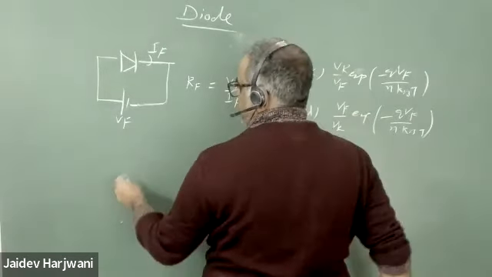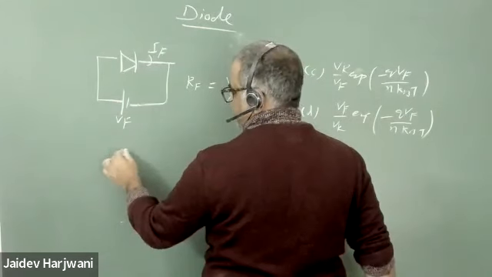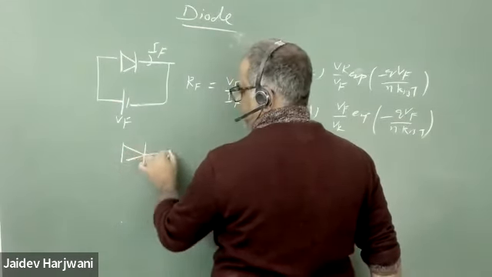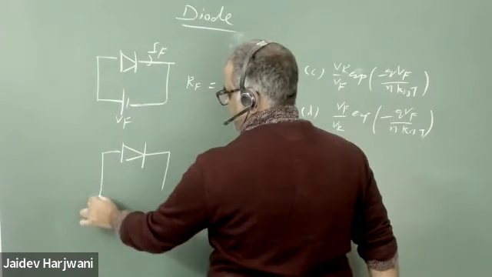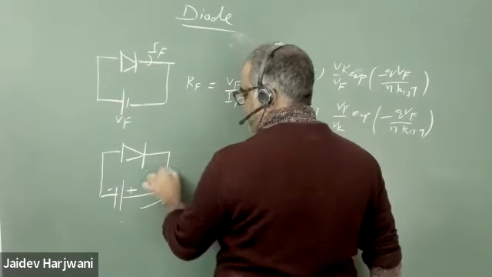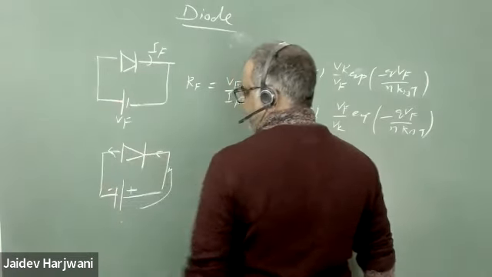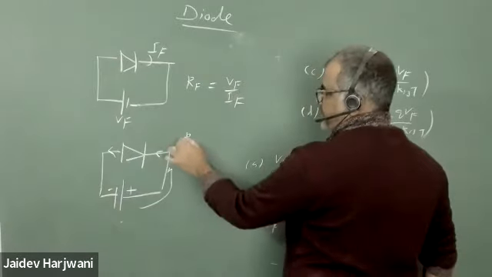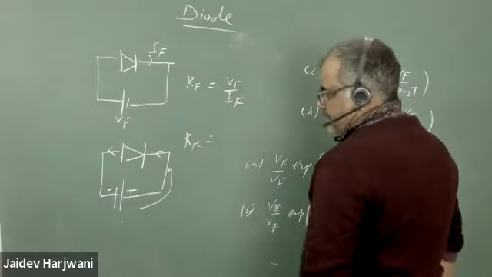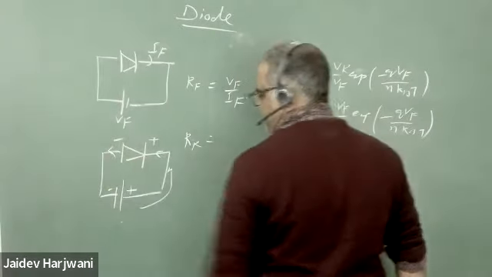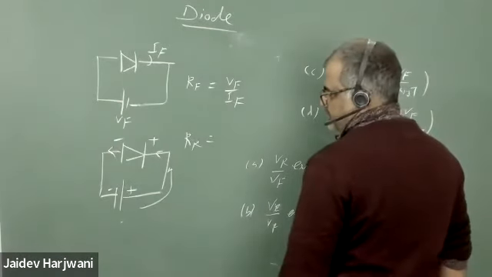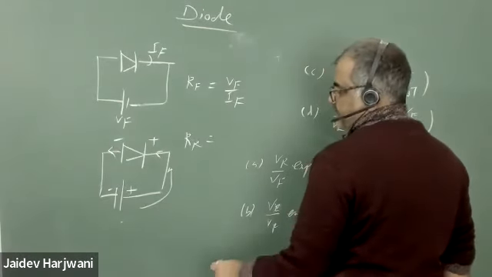And in the second case, you have the diode in reverse bias, that means negative and positive are reversed. This time the current will flow like this, and you calculate again your RR, so this is plus minus. Obviously the current will be the saturation current.